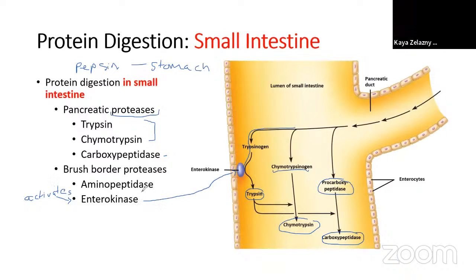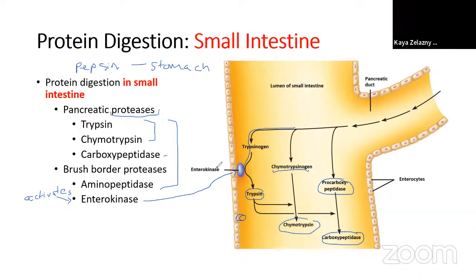And aminopeptidase is another exopeptidase, so it's not in the image. It would be embedded in the wall the same way, because it's still a brush border peptidase, a protease, but it's also involved in breaking down food. So all of these other ones are involved in breaking down food. It's just the enterokinase that's helping us to activate.